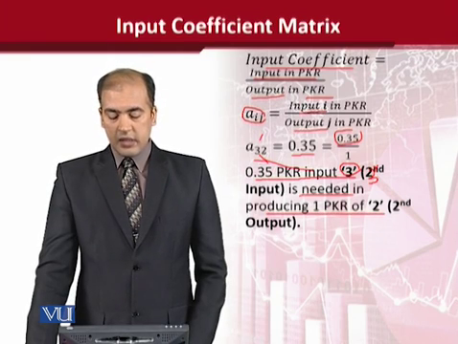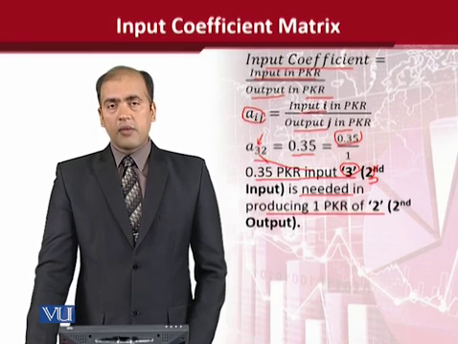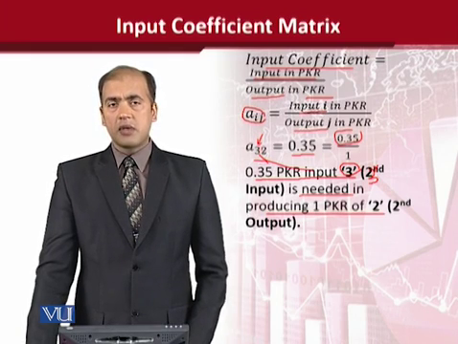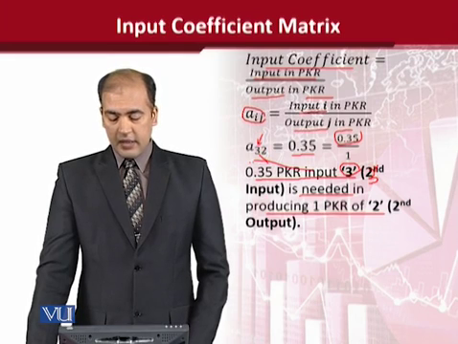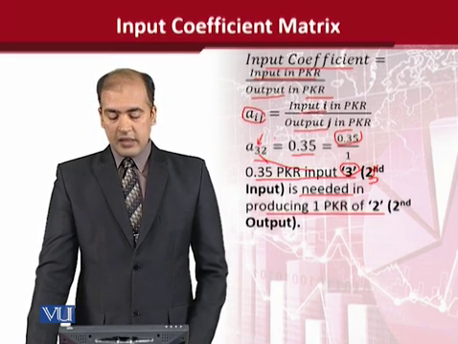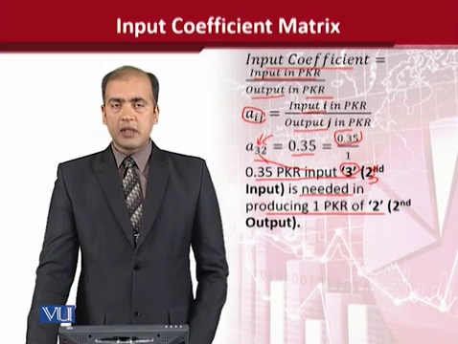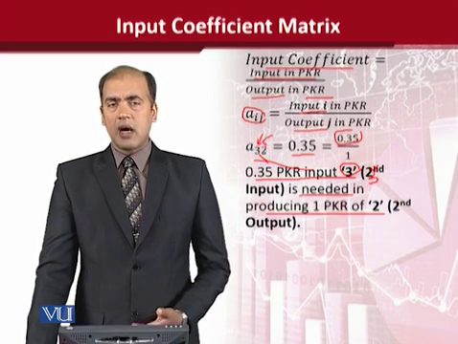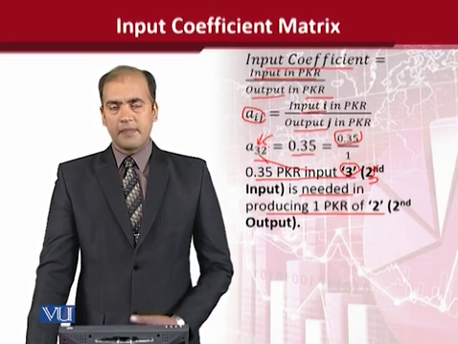So you see the first number in the subscript is denoting the input, and the second one is denoting the output. So in this way it becomes an input-output coefficient.